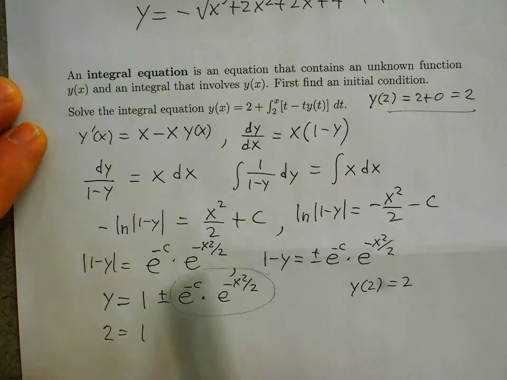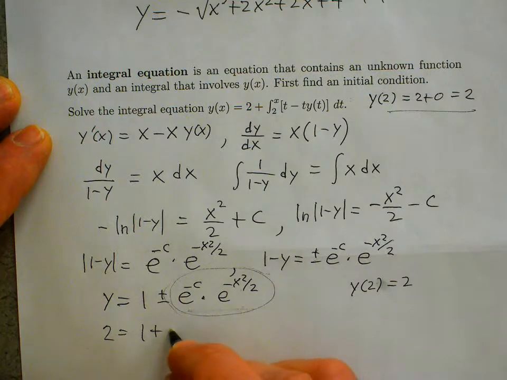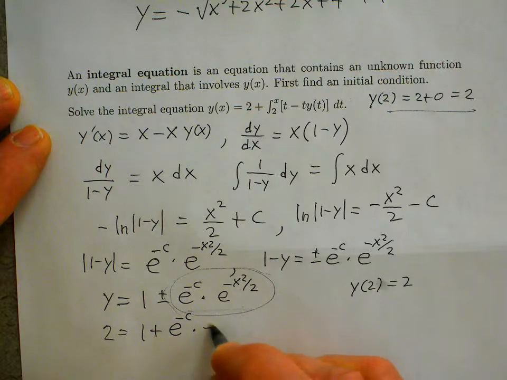Well, this term right here, e to the negative c times e to the negative x squared divided by 2, that's always positive. So that means we have to have 1 plus. Okay, and when x is 2, we're going to get e to the negative 2. So it comes down to 1 plus e to the negative c times e to the negative 2.